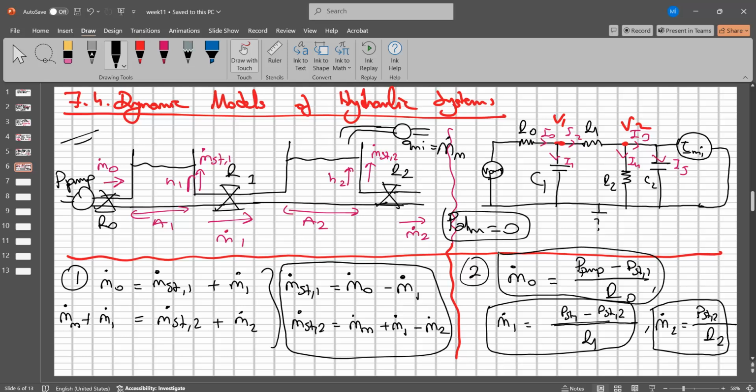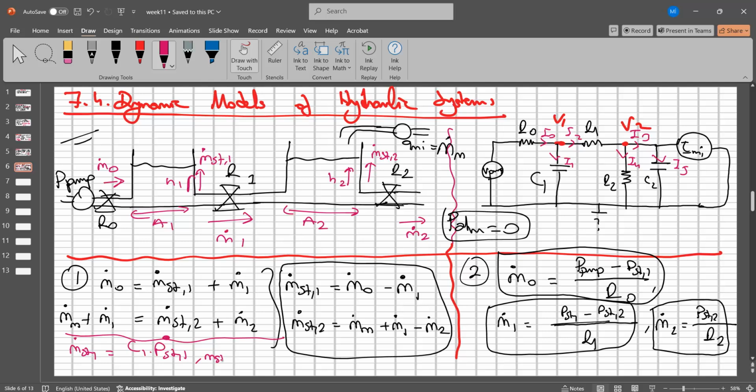Okay? If we have this formulation, we can put these equations into the conservation of mass, and we will obtain every equation related to these values. But just remember how we can write the capacitance formula here. Just remember that mst1 dot is equal to C1 times pst1 dot, right?